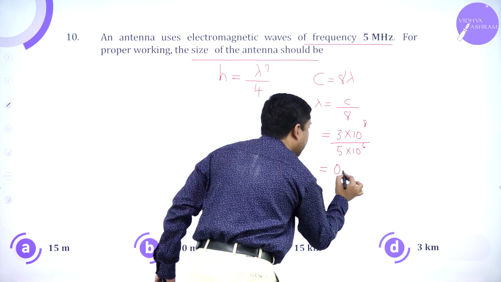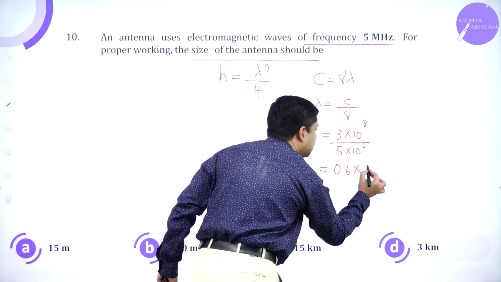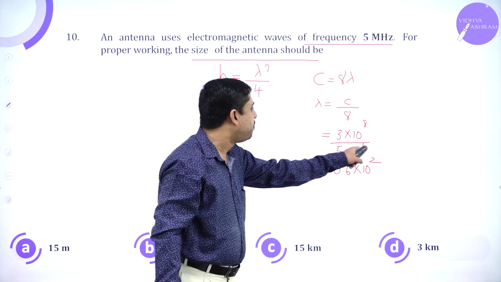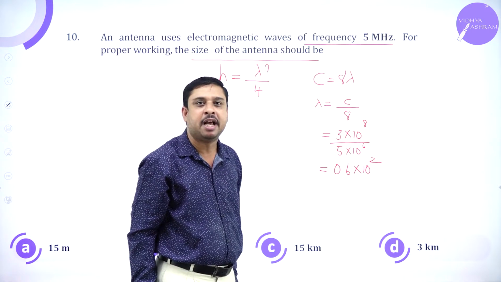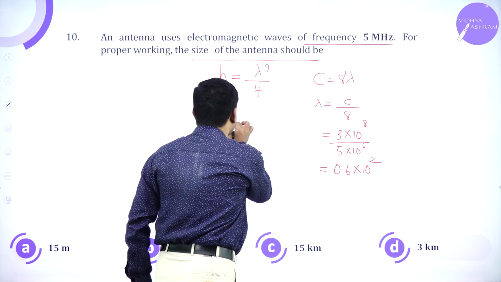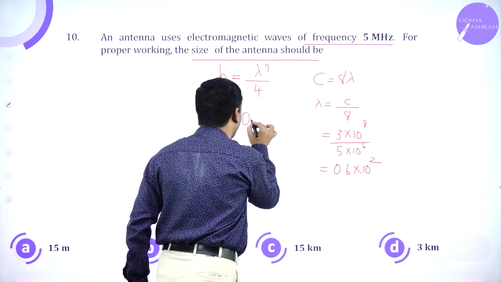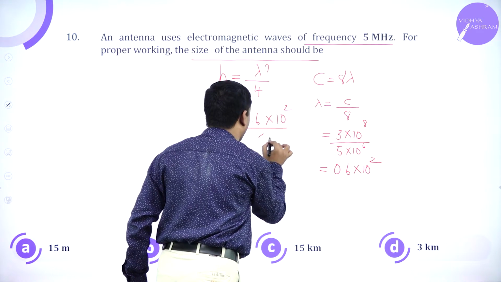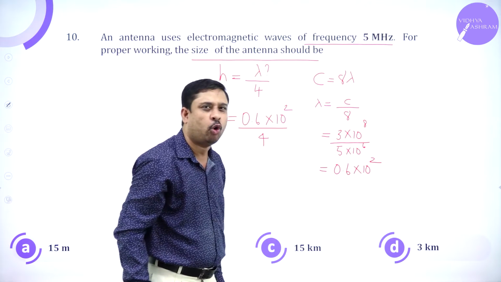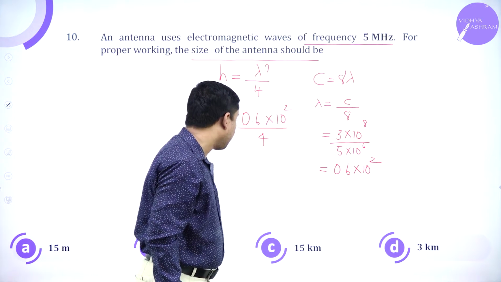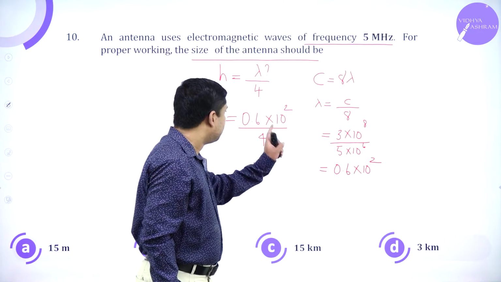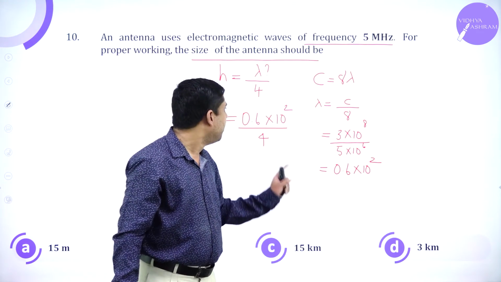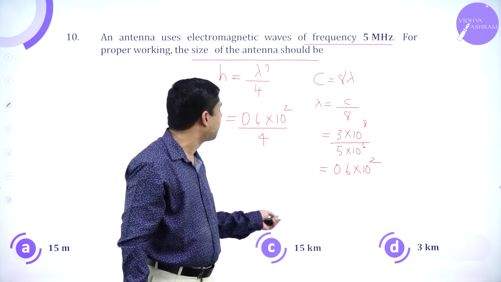This is 3 by 5, roughly around 0.6 into 10 power 2. Plus 6 goes to the numerator, minus 6. So this is 0.6 into 10 power 2 by 4. Somewhere around 3 by 2, 1.5 or 15 meters should be the answer. So the answer should be around 15 meters.